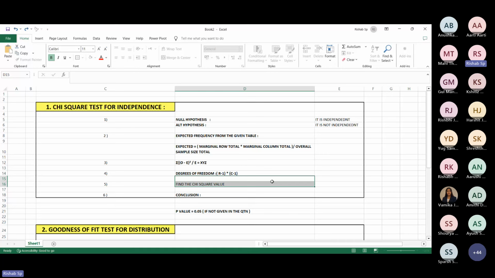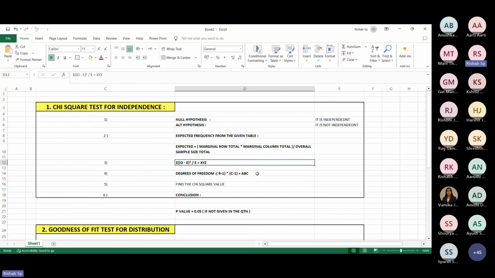Using this XYZ and the degrees of freedom, for the chi-square test for independence, the degrees of freedom is number of rows minus 1 times number of columns minus 1. We get a value here also, ABC. Using XYZ and ABC, we find the chi-square value.